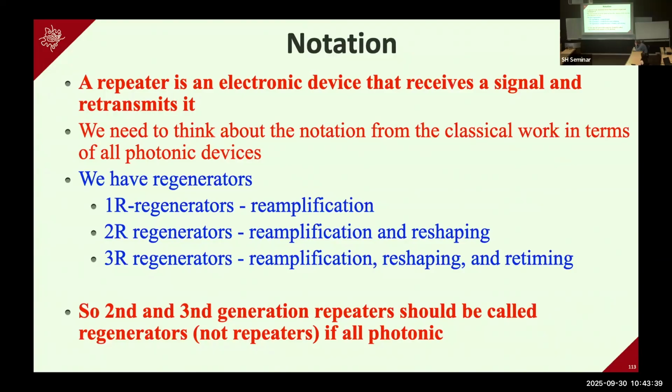It's been done for a very specific reason, that we want to try and keep signals in light if we can. So in the classical world, we call these regenerators. And we have the 1R regenerators, which is just reamplification. We have the 2R regenerators, which is reamplification and reshaping, okay? So what happens is it brings the pulse shape back. Your pulse shape is being slightly distorted, you reshape it back. And we have the 3R regenerators, which is reamplification, reshaping, and retiming, resynchronization.